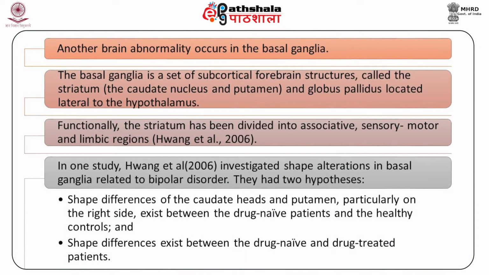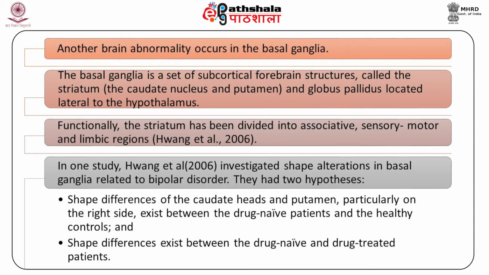Another brain abnormality occurs in the basal ganglia. The basal ganglia is a set of subcortical forebrain structures called the striatum, the caudate nucleus and putamen, and the globus pallidus located lateral to the hypothalamus. Functionally, the striatum has been divided into associative, sensory motor and limbic region.